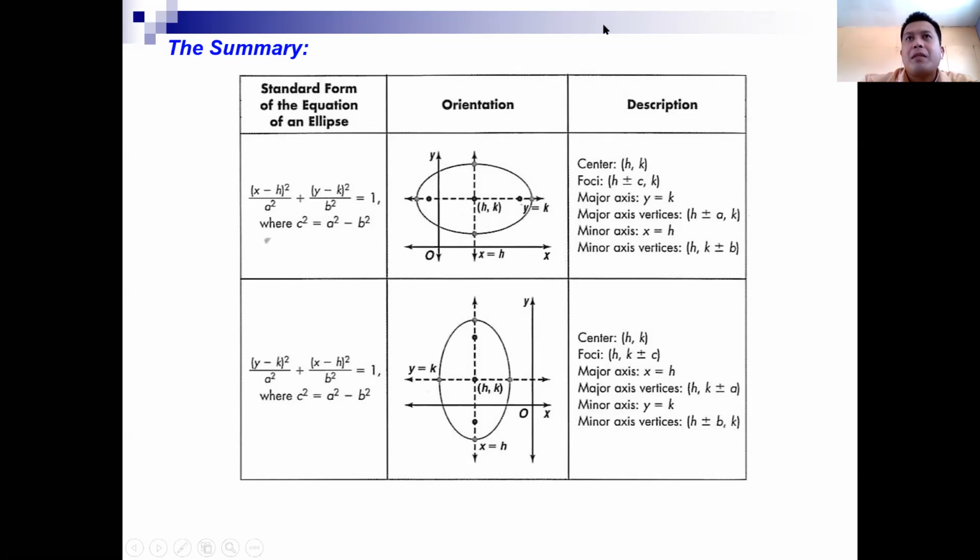Let's have more examples. By the way, class, before we end this slide, there's an additional information here that is not presented in the slide. Since we have a focus and we have values of your A, B, and C, an additional line that you need to create is a line perpendicular to the foci.